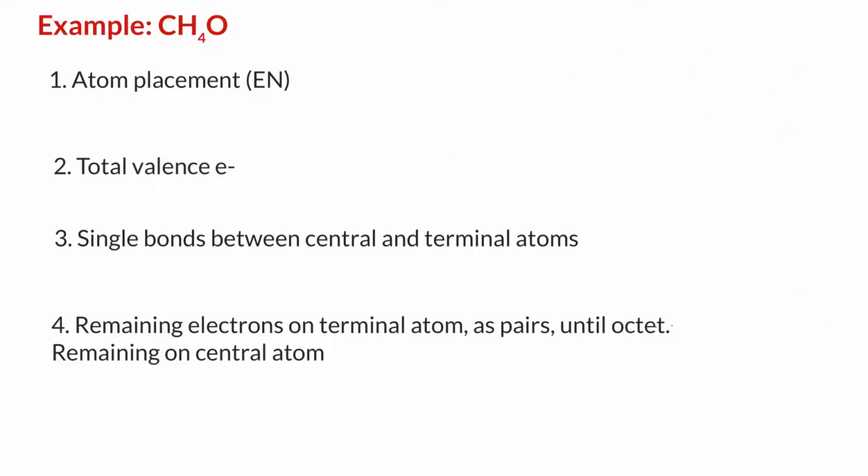Next example, we have CH4O. There are 3 different types of atoms, and this is an example where you have more than 1 central atom. First, here are the electronegativity values of all 3 atoms. Hydrogen is the atom with the least electronegativity. However, I cannot place hydrogen in the middle as a central atom because hydrogen forms a maximum of 1 bond.